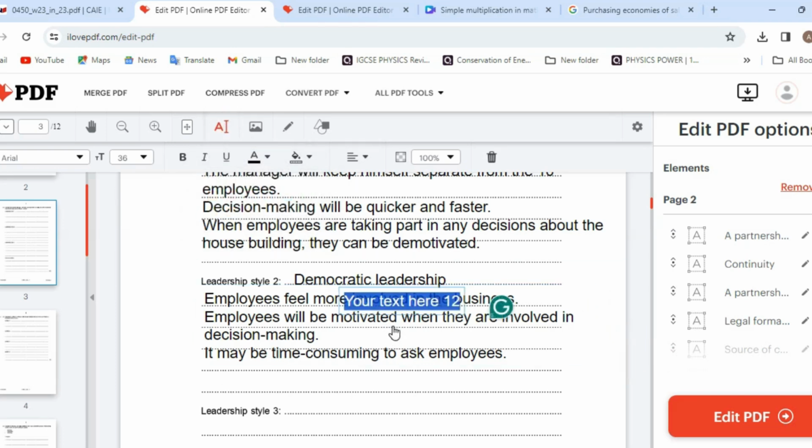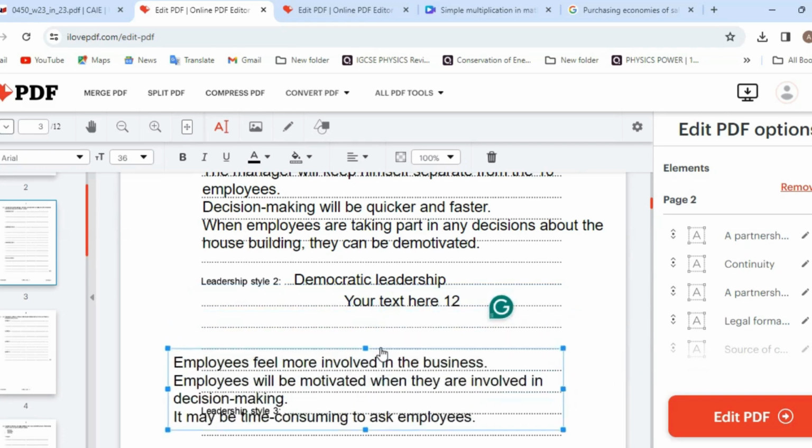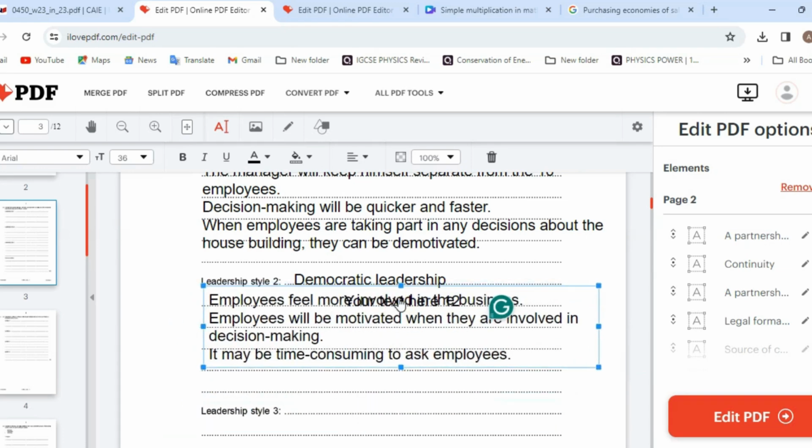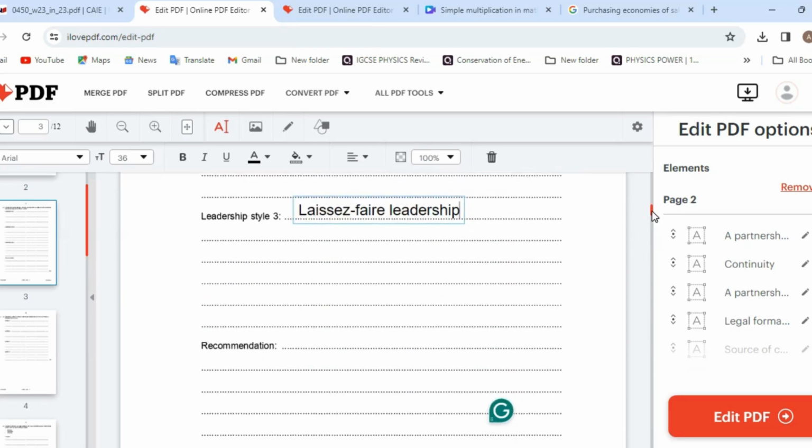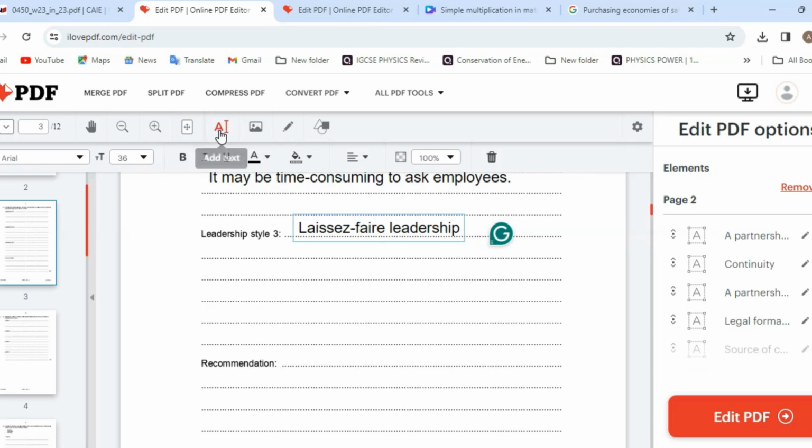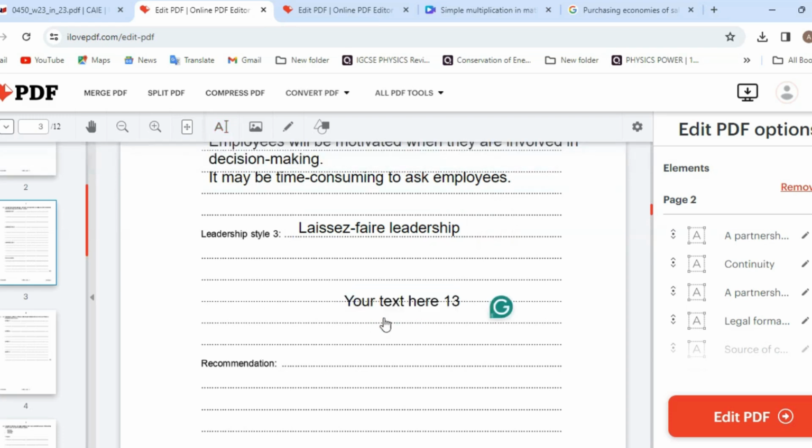Okay, laissez-faire leadership style. Let's try and drag this up so that you can put the point underneath.